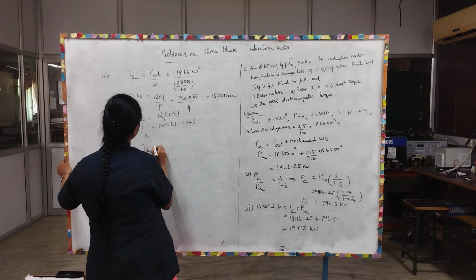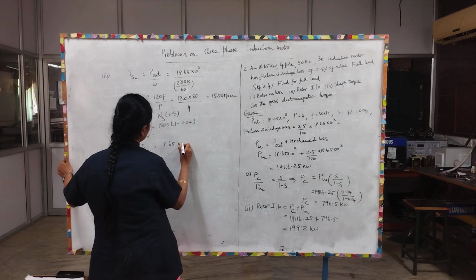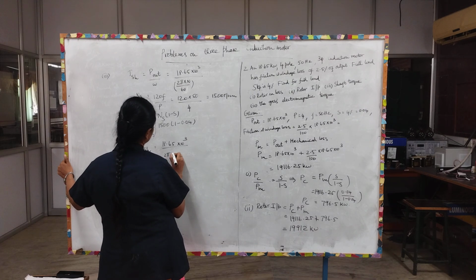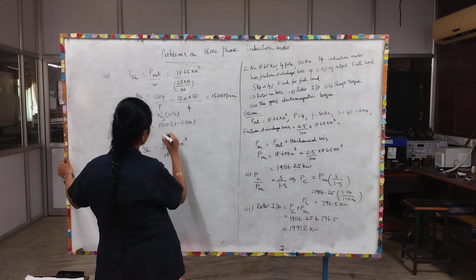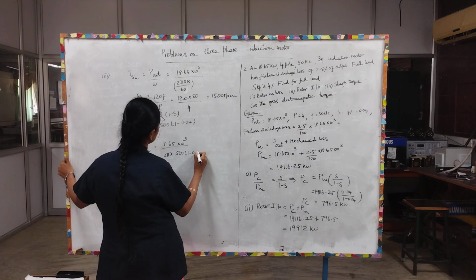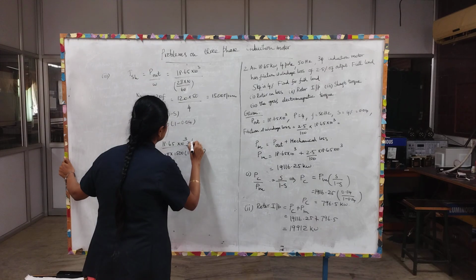So T shaft equal to 18.65 into 10 power 3 divided by 2 pi into n. Instead of n you can substitute ns into 1 minus s. So 1500 into 1 minus 0.04, and this will go over 60.